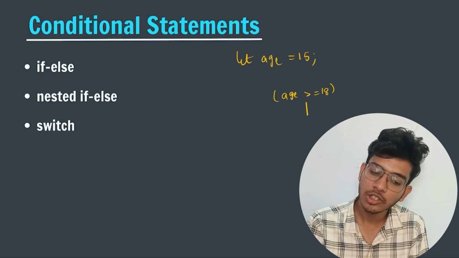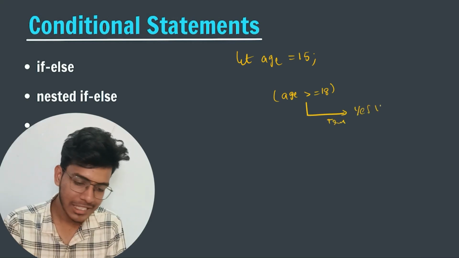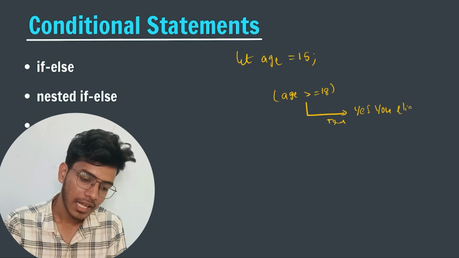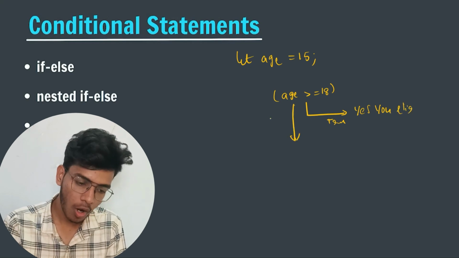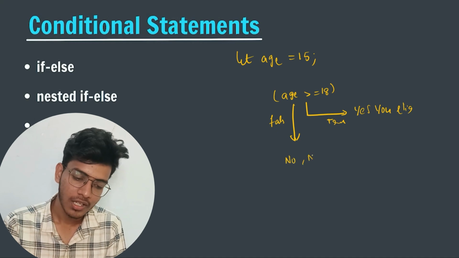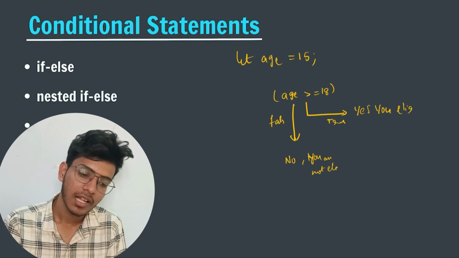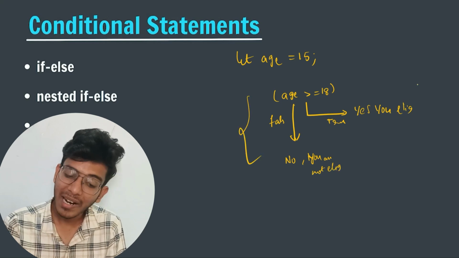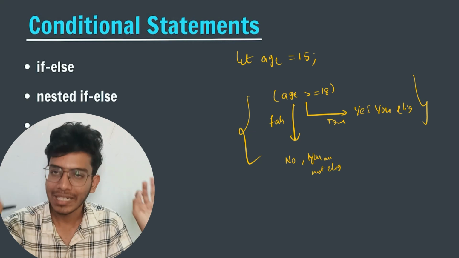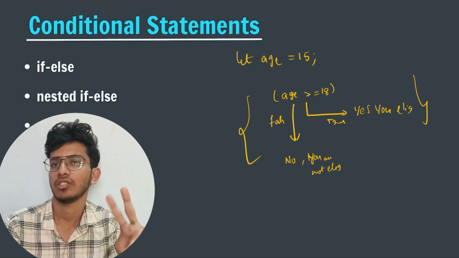If this condition is true, then I will print yes, you are eligible for voting. If this condition is false, then I will write no, you are not eligible. Like this, we can use multiple conditions.